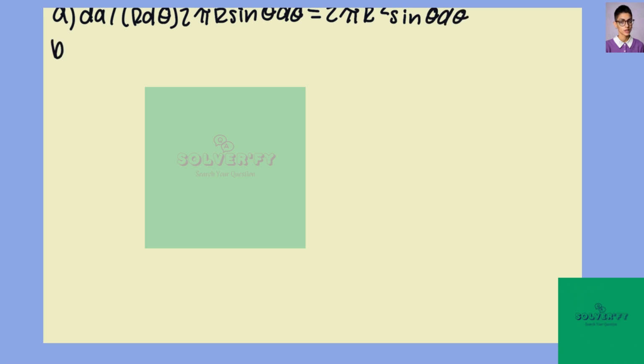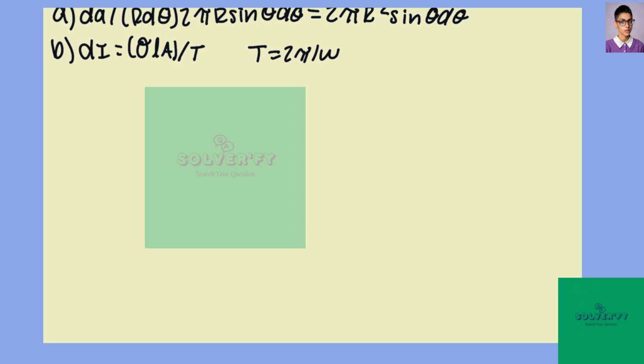So for part B, we have dI is equal to σ dA divided by T, and we know T is equal to 2π divided by ω.